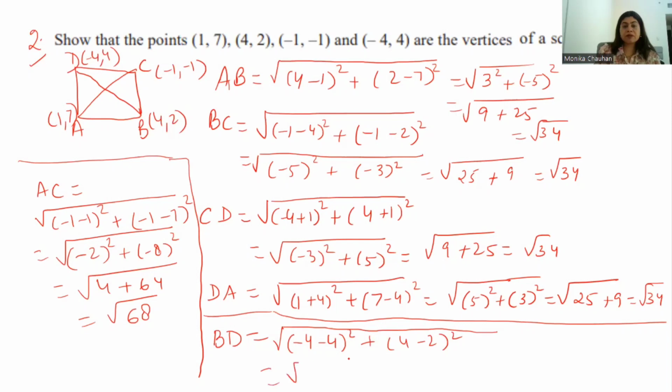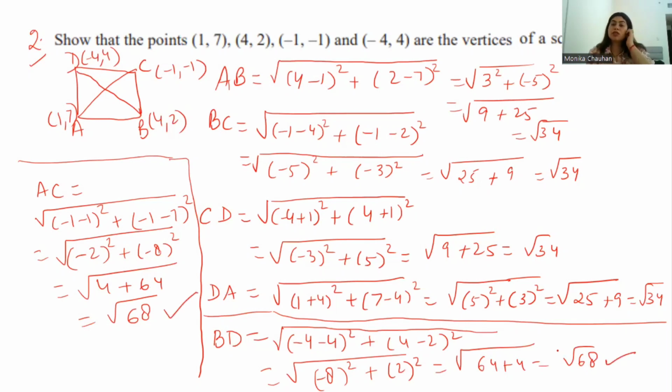So it becomes minus 8 whole square and plus 2 whole square. I think exactly the same kind of figures you're getting. 64 plus 4, so it is root 68. Both the diagonals are also the same. So the answer is yes, it's a square.